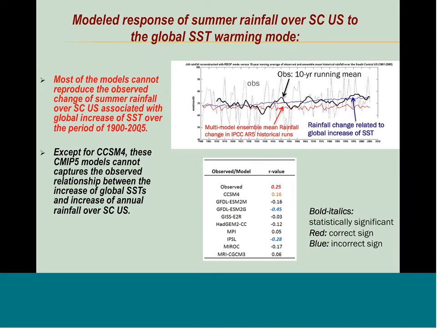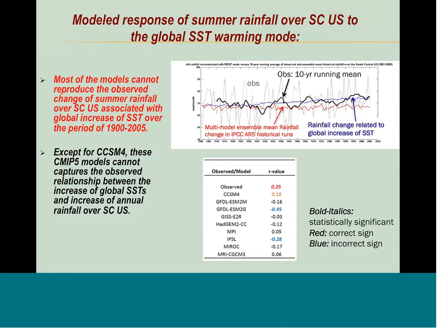And in this panel, the dashed line shows the observed precipitation, and the dark black line shows the 10-year running mean of these observed rainfall. And the blue line shows the rainfall change associated with the global SST warming mode.